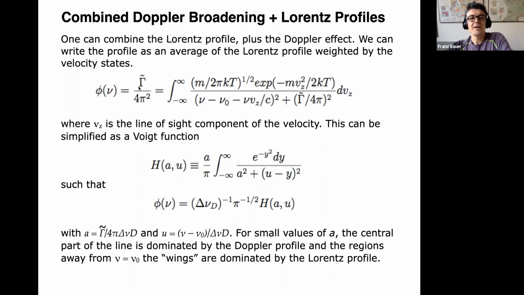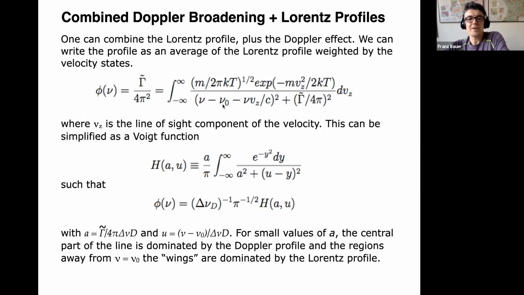We already had this modified width, and taking into account all of these different factors, we have the Lorentz. Basically, this is the average of the Lorentz profile weighted by the velocity states.